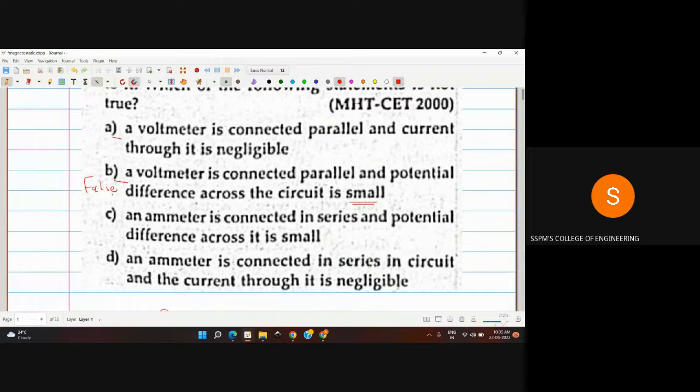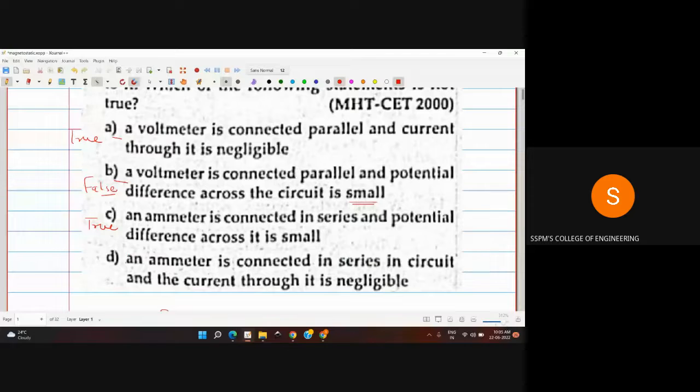isn't it? Now option C: an ammeter is connected in series and potential difference across it is small. Now you know the ammeter is always connected in series and the resistance of the ammeter is very small. So the potential difference across the ammeter is very small. So option C is also true. Option A is true.